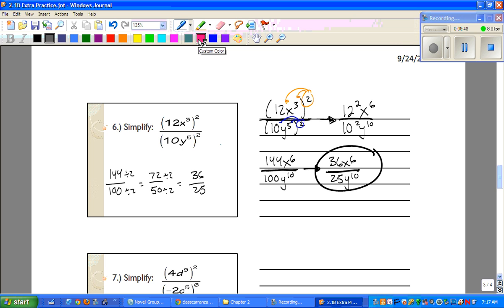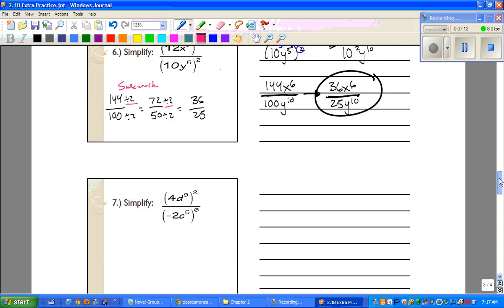Okay, distribute the square to the 12 and x to the cubed, and then the same thing with the 10 and y to the 5th. 12 squared gives you 144, 10 squared gives you 100. I can reduce that. This is all of my side work over here. I divided it by 2, and then I noticed I could do it again. And that's where we get 36x to the 6th, 25y to the 10th.